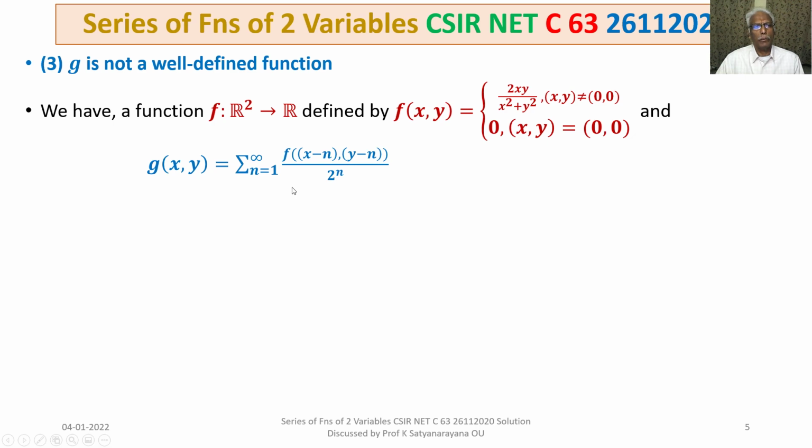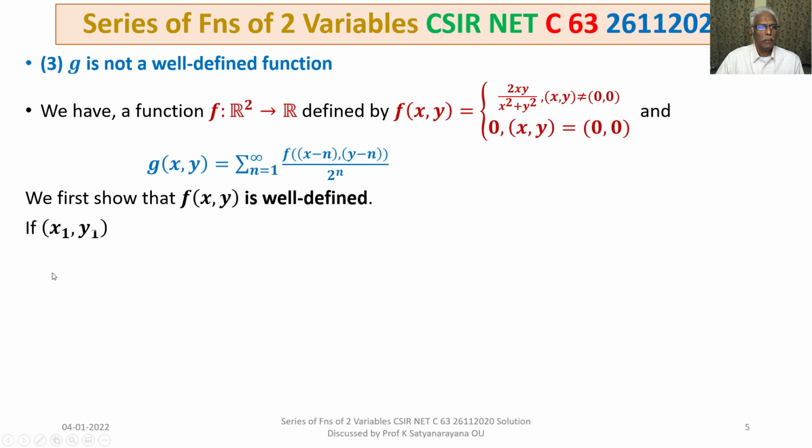We have to decide whether this function g is well defined or not. Now, we first show that f of (x, y) is well defined. If f of (x, y) is well defined, then f of (x minus n, y minus n) by 2 power n is well defined, this summation is well defined, thereby g of (x, y) is well defined.